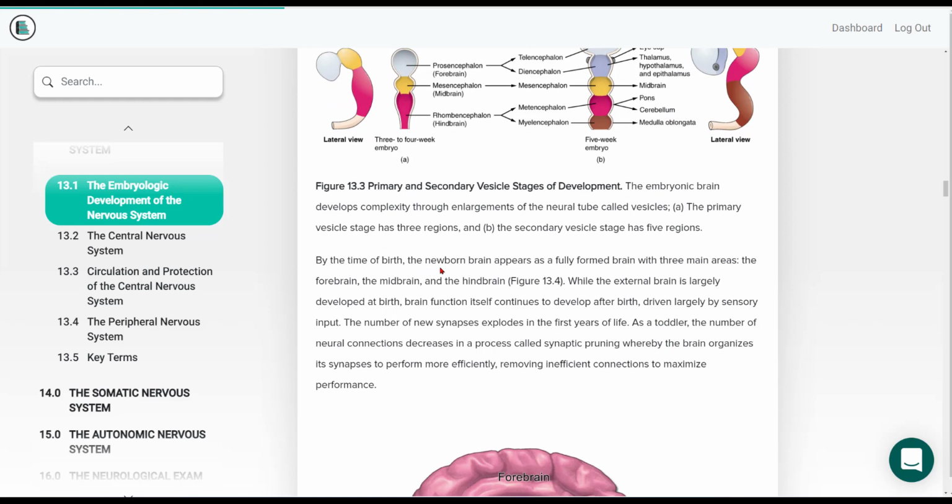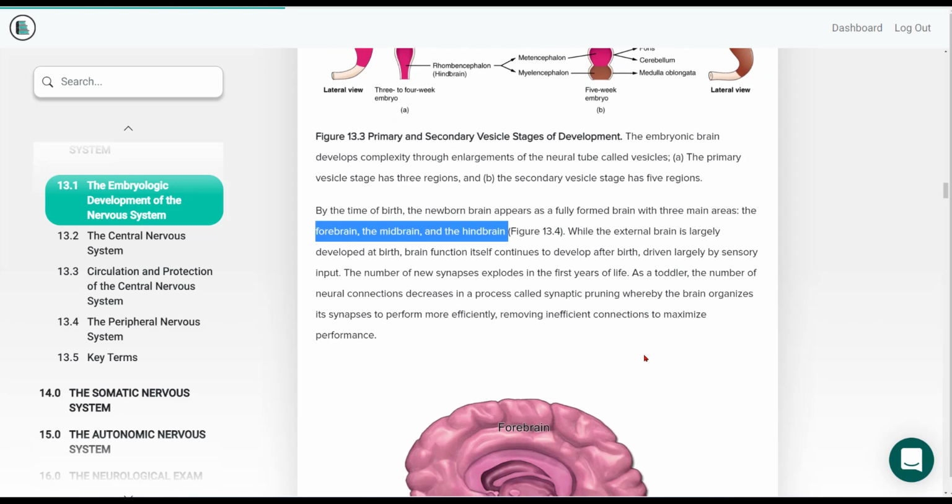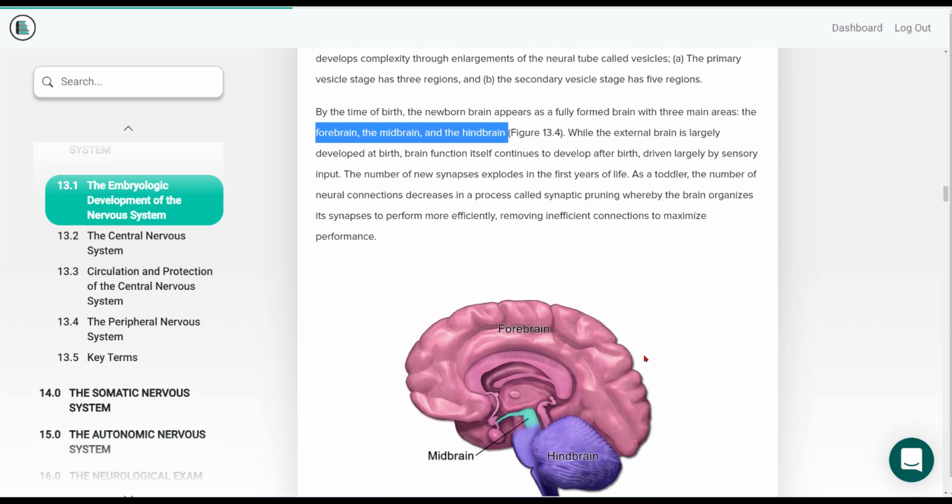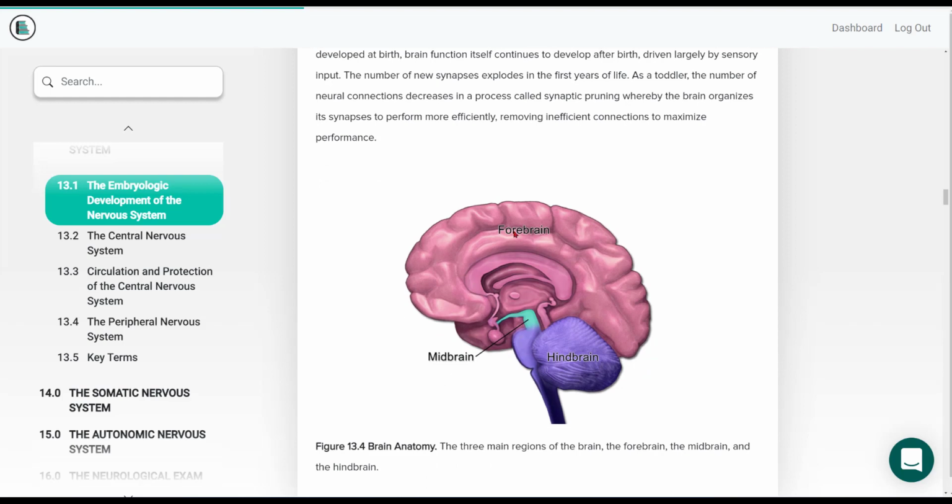So by the time you are born, your brain clearly has those 3 main areas. You can clearly differentiate a forebrain, a midbrain, and a hindbrain. But there's still a lot going on after birth. So here is a lateral section through the brain, sort of a mid-sagittal slice.